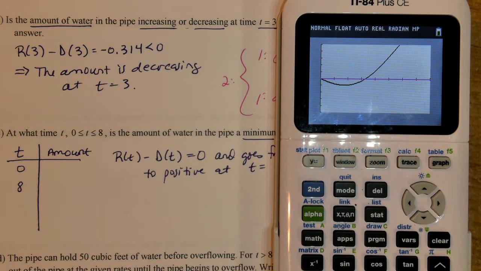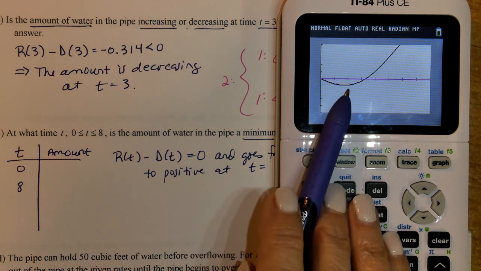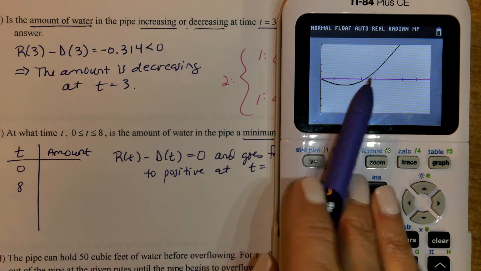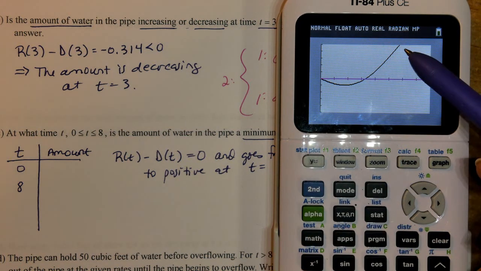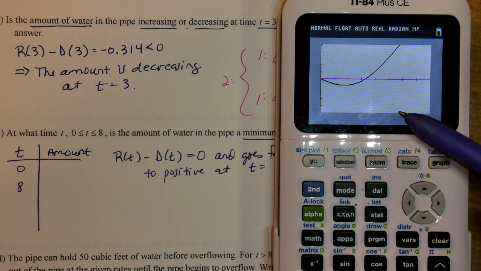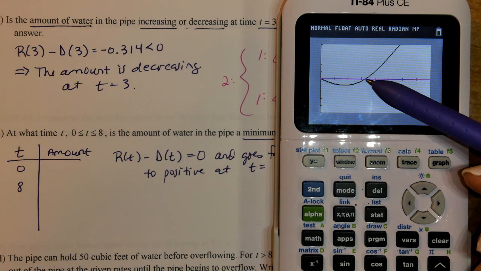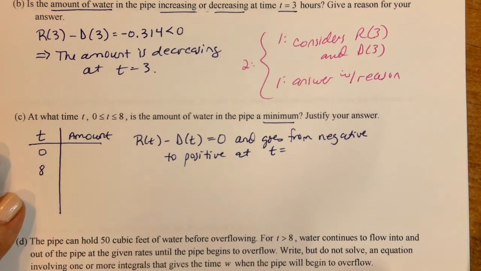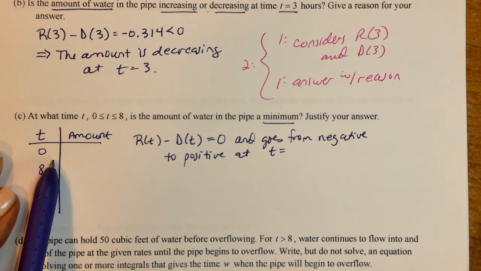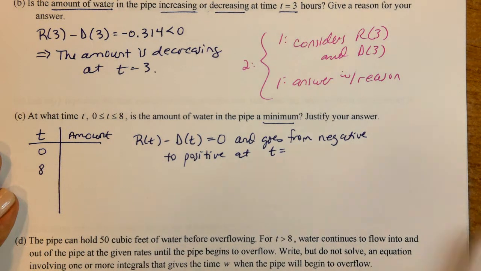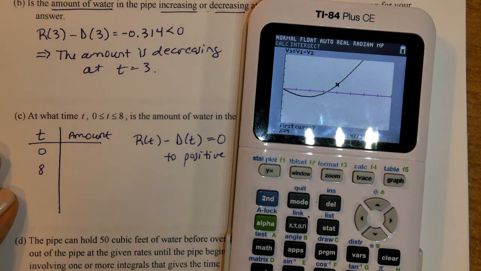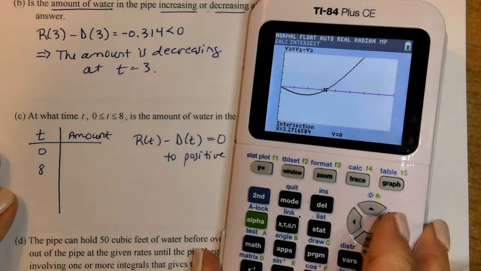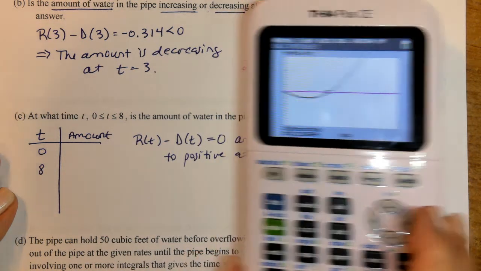Therefore, my amount of water is always decreasing until this time, and then my amount is increasing after that time. So the amount is decreasing and then increasing. The absolute min has got to be at this time. So again, even though we started with the closed interval test, we don't have to finish with it. I need to go grab that time though. 3.272.